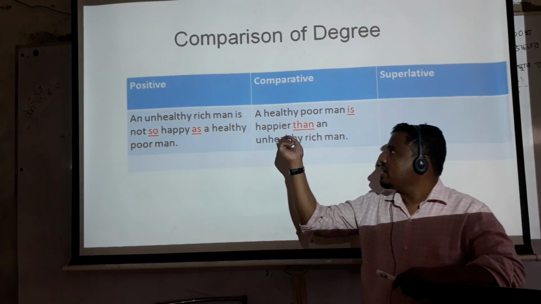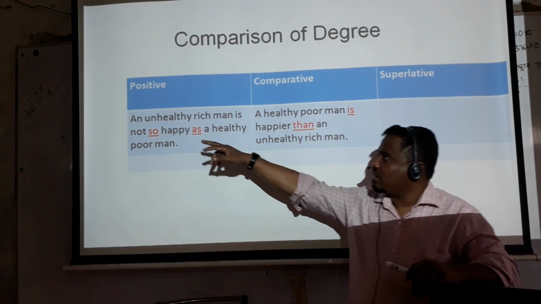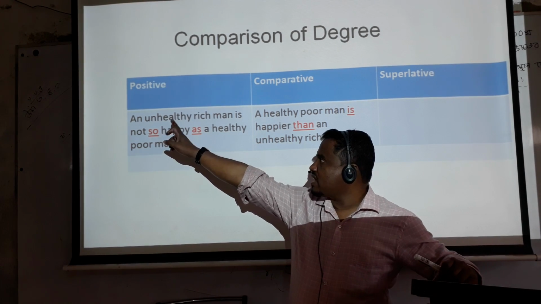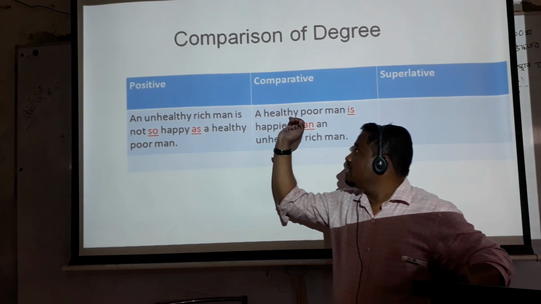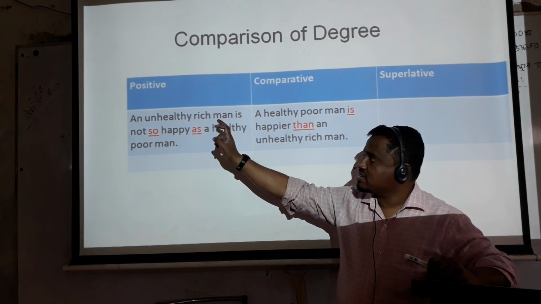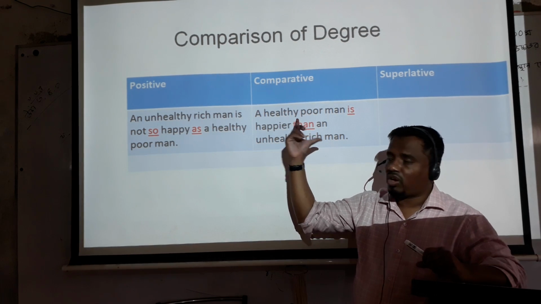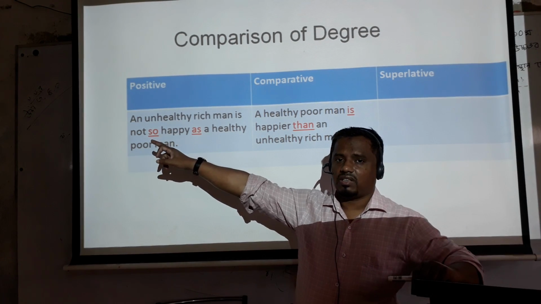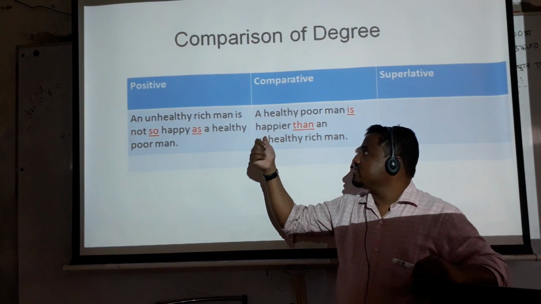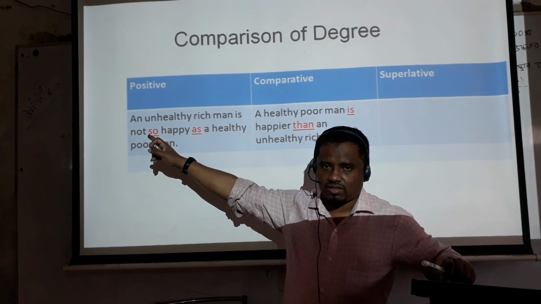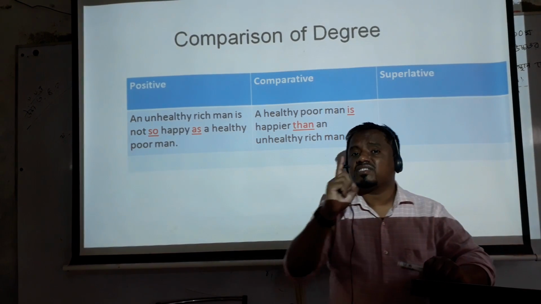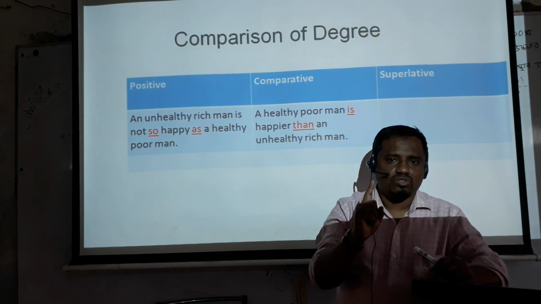Look at the sentence. An unhealthy rich man became the subject of the sentence, and the verb remains the same. It was an affirmative sentence, and we have to use not here. Before the positive form, we have to use so or as. If the sentence is negative, you have to use so.